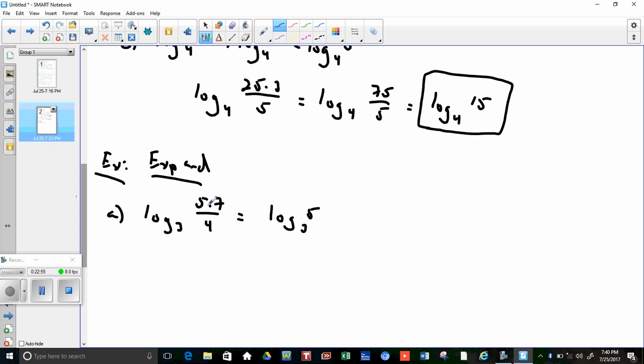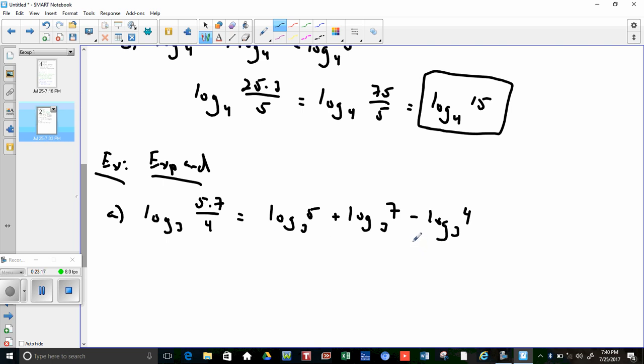And remember, if they're being multiplied, we're going to separate them through addition. Plus the log of 7 base 3, and then the thing which is on the bottom gets subtracted, which is minus the log of 4 base 3, and that's expanded. Nothing else really we can do with that.